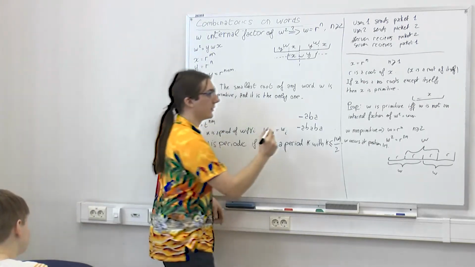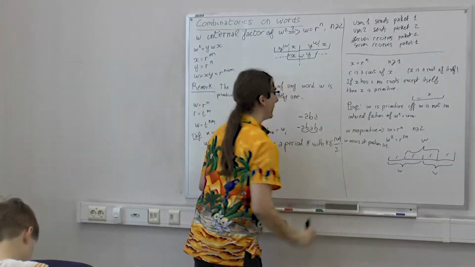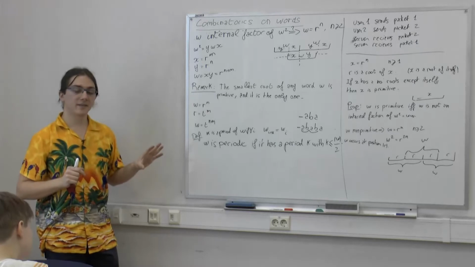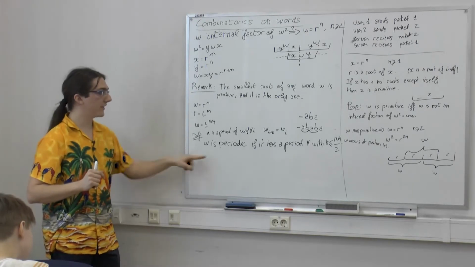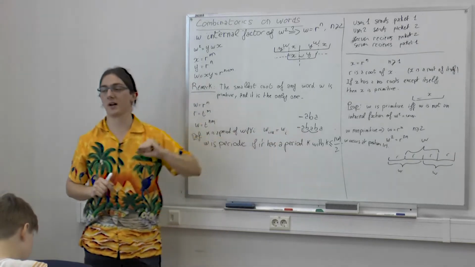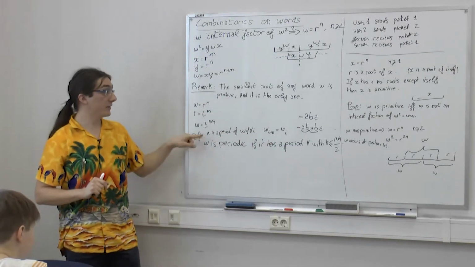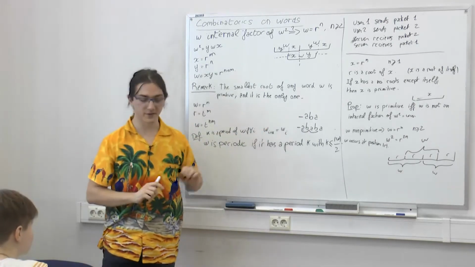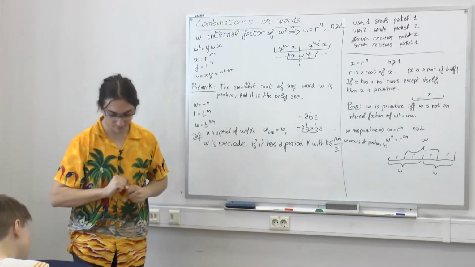So usually we want at least this. And it makes sense because you can do more things if a word has a period smaller than 1/2 of the word. You can also say things in this strange case, but it's another kind of result. And we're going to see both.